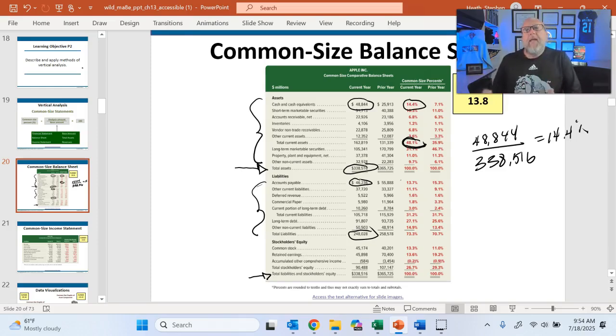And again, depending on if our total current assets were 80% of total assets and all of our competitors were something vastly different, we would want to know what's the explanation for the difference. Are we doing something that's inconsistent with the market? And is that good or bad?